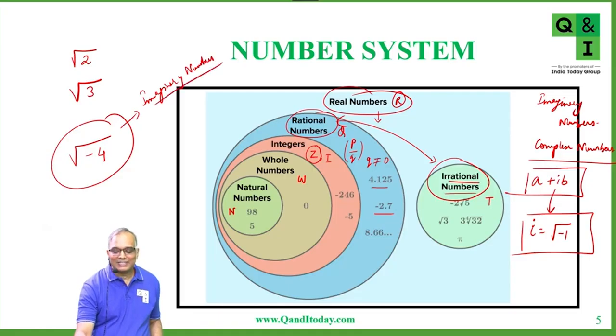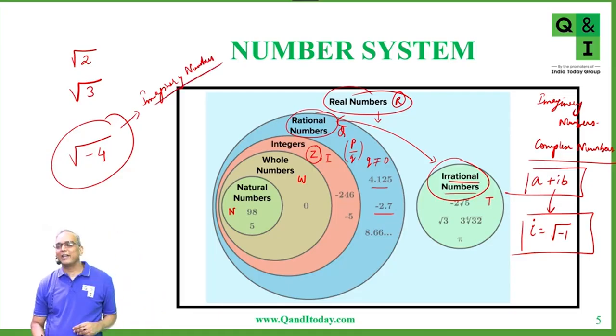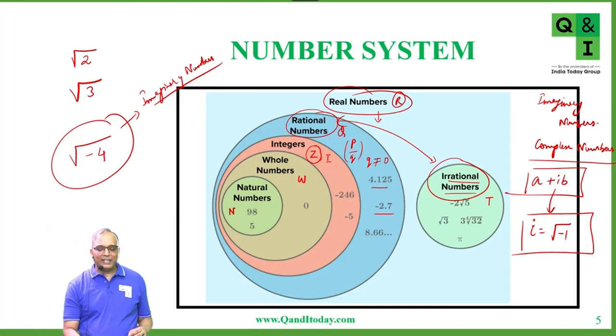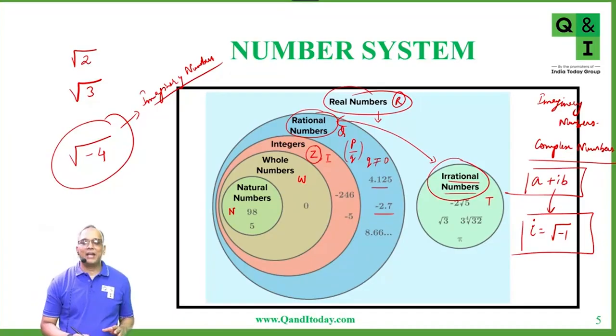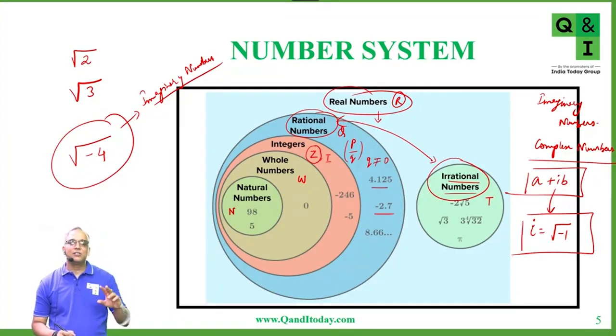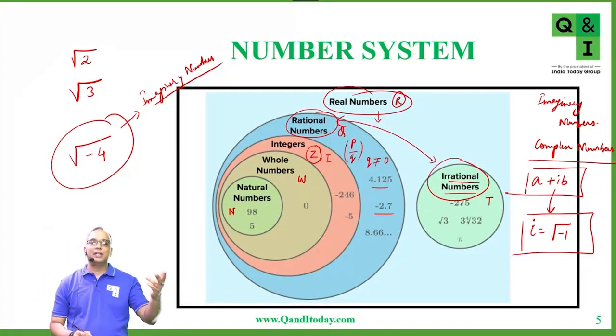So till class 10th, when you solve a quadratic equation, right, you will study how to solve a quadratic equation in class 10th. There you will be seeing that whenever you have a negative number inside the square root, you say that this is not defined, right? Not defined, that means that these are imaginary numbers, which we are going to introduce in class 11.